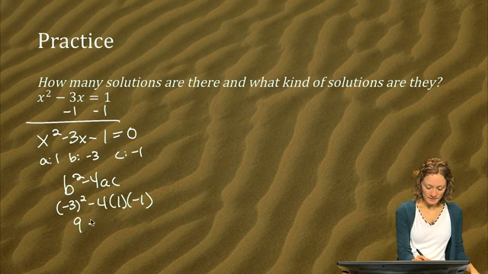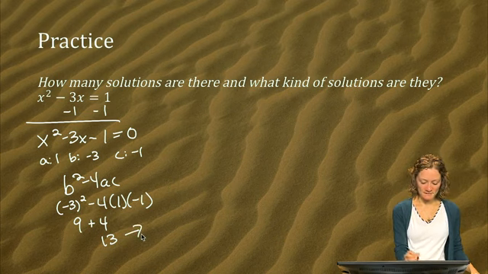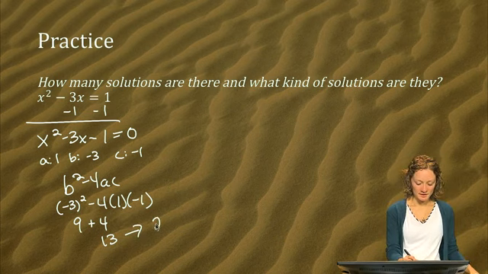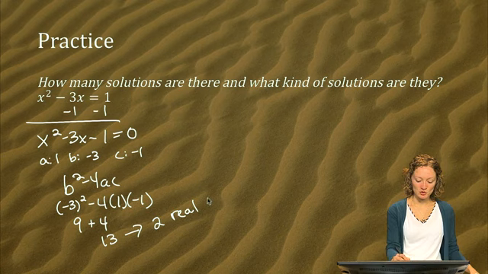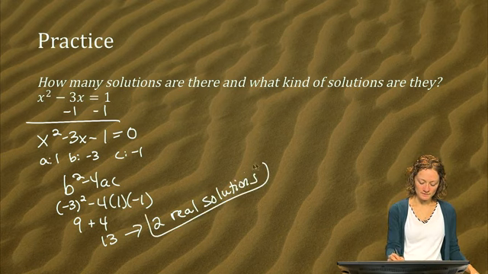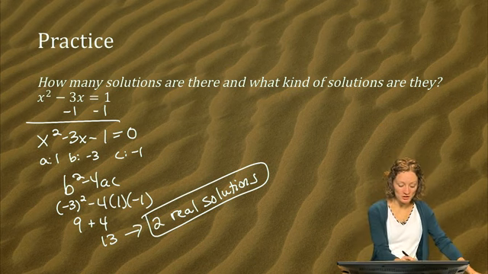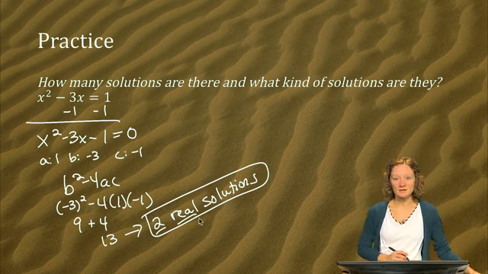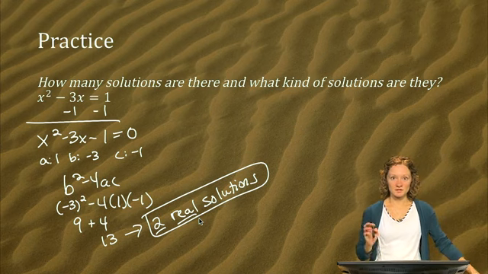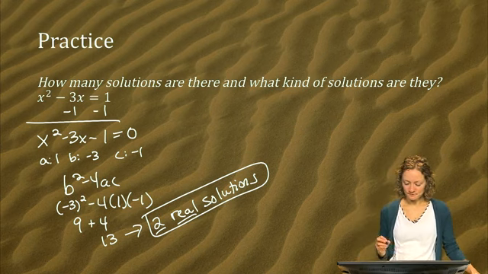We get 9 plus 4, which is 13, which is a positive number, so it means 2 real solutions. The ultimate answer to the question, how many solutions? 2. And what kind? They're real. 2 real solutions. Answers all the questions.